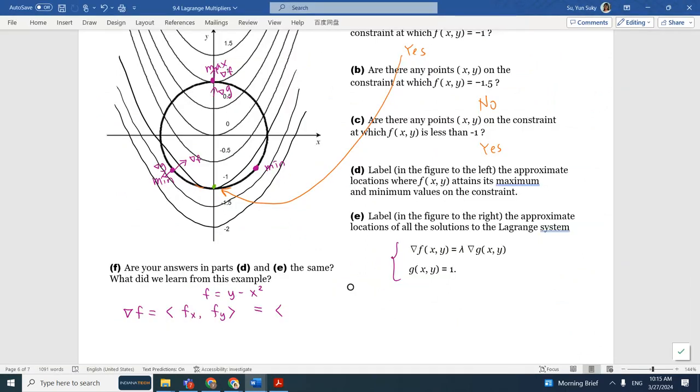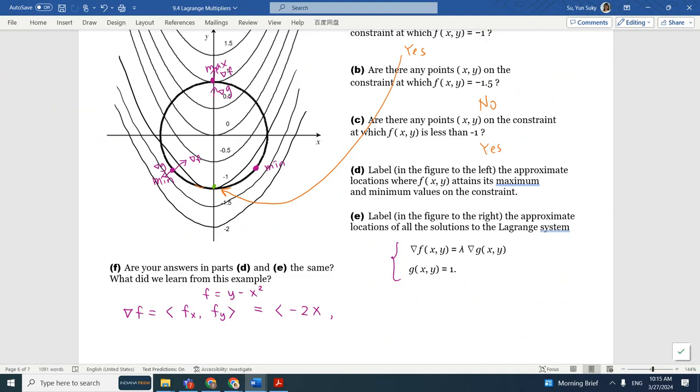Okay, so what is partial f partial x? Derivative of y with respect to x is 0. And derivative of negative x squared? Yeah, negative 2x. Okay. How about partial f partial y?